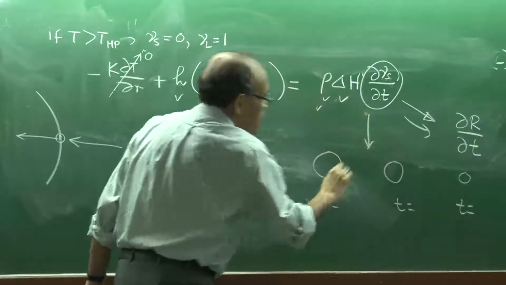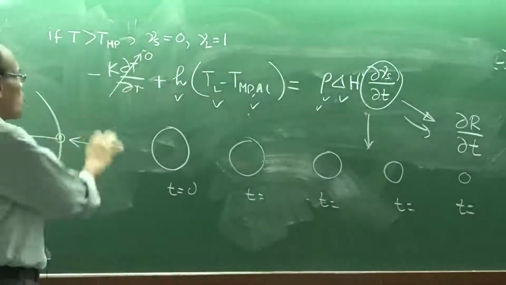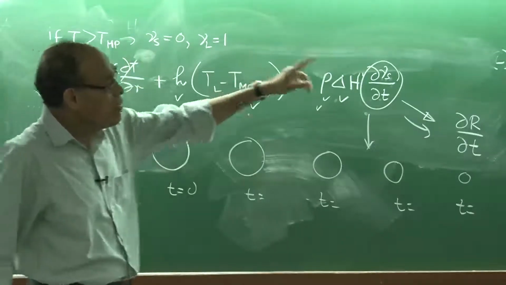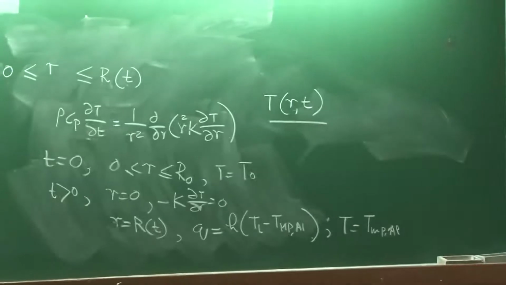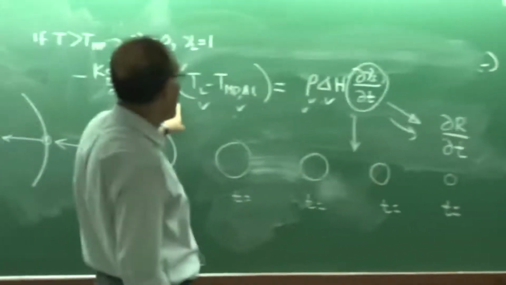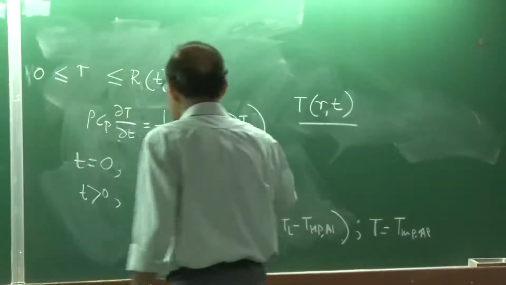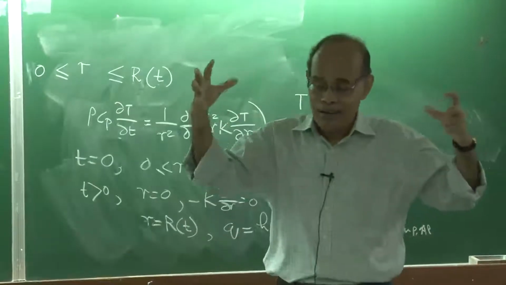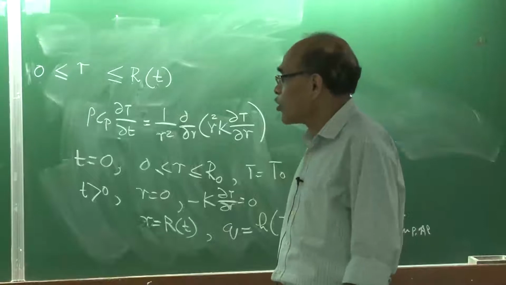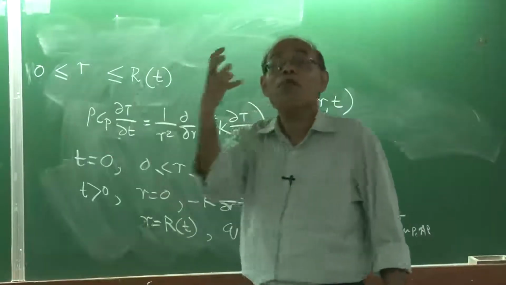we simplify this equation. But if this is not true, in that case, you will club the equations together, and clubbing the equations together, you have to develop a framework that you have two equations and two unknowns. Okay? And these two unknowns are, one is the temperature field itself, and the other is the radius of the solid object, and this is called a moving boundary problem.